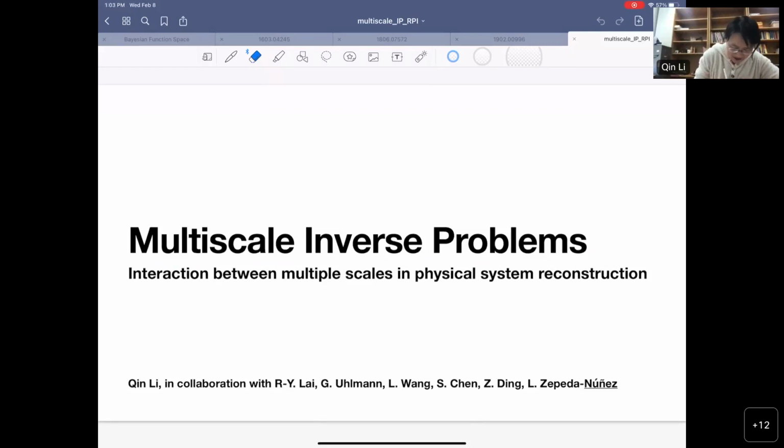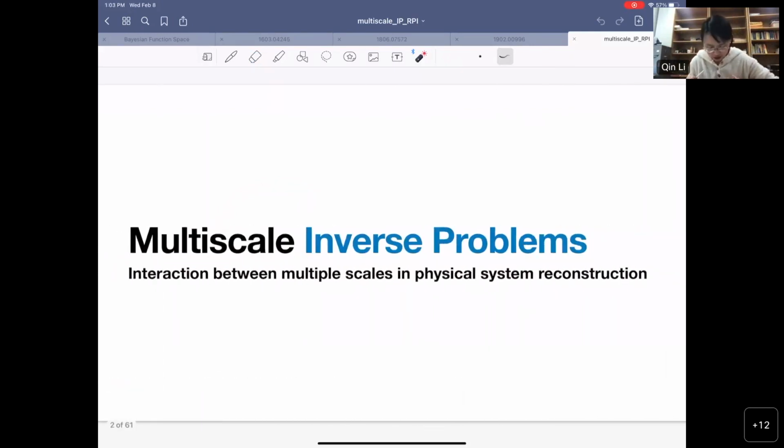What I really wanted to say is that inverse problems get presented at different scales, and at different scales we have different modeling tools. Sometimes it's the Schrodinger equation, sometimes the Newton equation, sometimes the Boltzmann equation. All these equations, from the inverse perspective, have some interconnections, and I would like to discuss their connections. Okay, so let's get started.